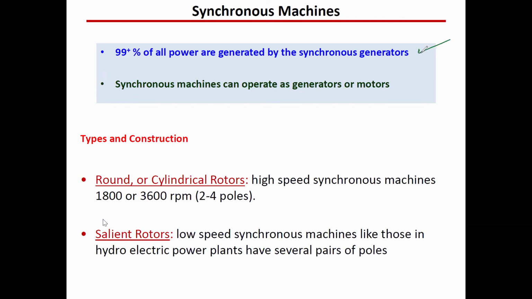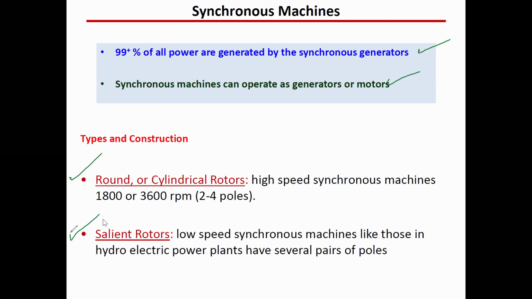Synchronous machines can operate as generators or motors, so we'll talk first about the generator case and later about the motor. And we have 2 types of synchronous machines from a structural point of view: round or cylindrical rotor, and salient rotor.